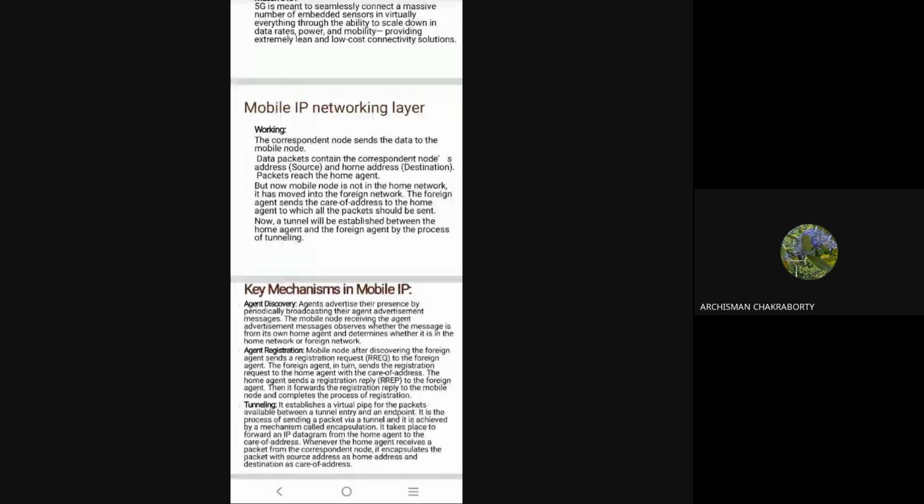If the mobile node is not in the home network, it has moved into a foreign network. So the foreign agent sends a care of address to the home agent, to which all the packets should be sent.